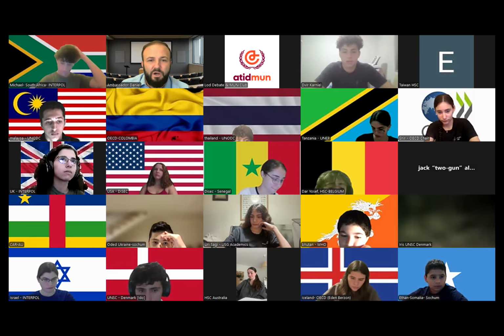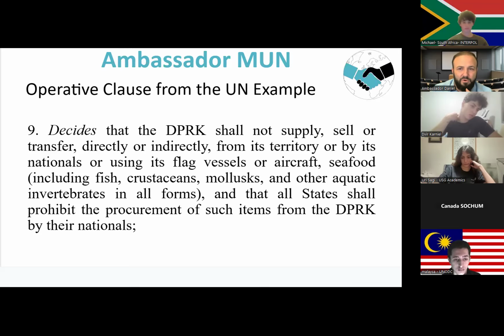Okay, for operative clauses, I want to add one more thing. You can see here, there's another example that decides that North Korea, the Democratic People's Republic of Korea, shall not supply, sell, or transfer directly or indirectly from its territory or by its nationals or by using its flag vessels, seafood and other types of creatures. This is another clause.